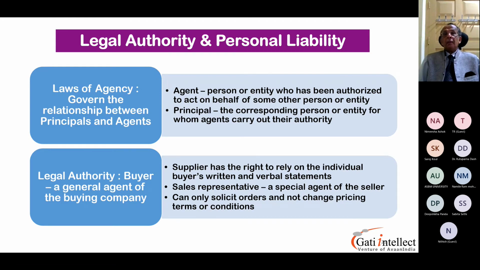Please understand, as a sales representative of the organization, you do not have authority to change the terms and conditions stipulated by your principal. Nor do you have the right to change the pricing, or terms and conditions, or warranty.